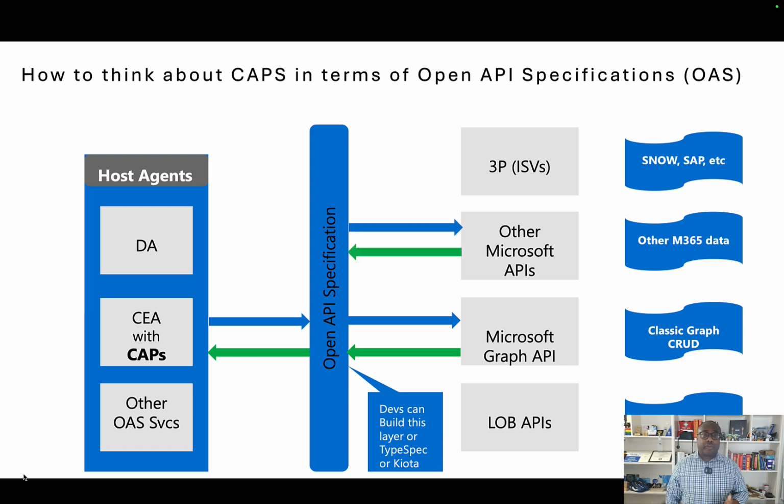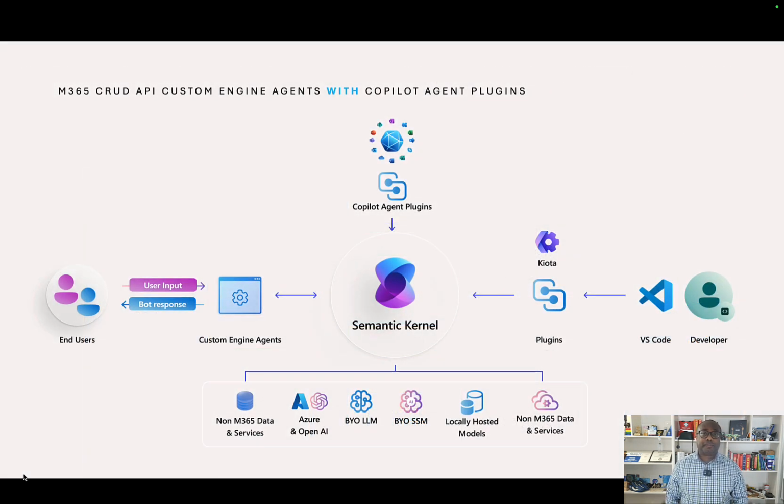And we plan to do this for additional services as well. So in plain English, CAPs enables developers to create and perform Microsoft Graph calls against M365 data, or execute functions on any other OpenAPI services through plugins in Semantic Kernel.